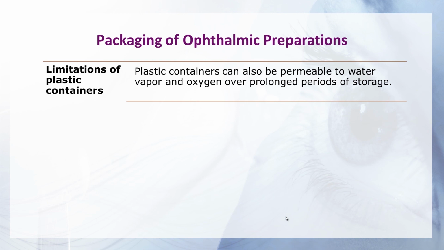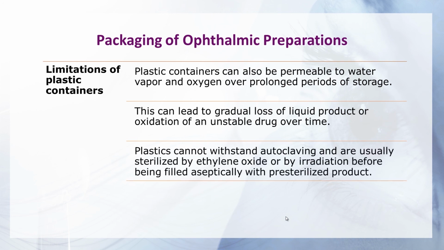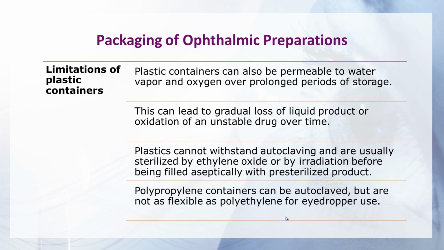Plastic containers can also be permeable to water vapor and oxygen over a prolonged period of storage. There is again a problem. This can lead to gradual loss of liquid product or oxidation of an unstable drug over time. Polyethylene containers are not able to withstand autoclaving and are usually sterilized by ethylene oxide or by irradiation before being filled aseptically with the pre-sterilized product.